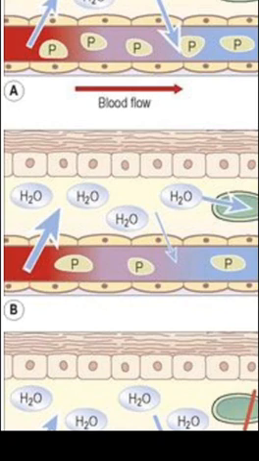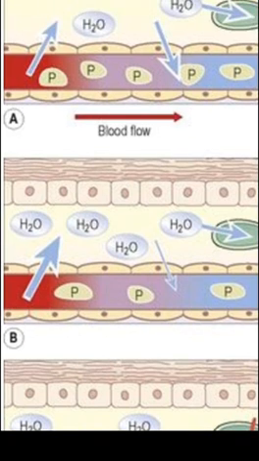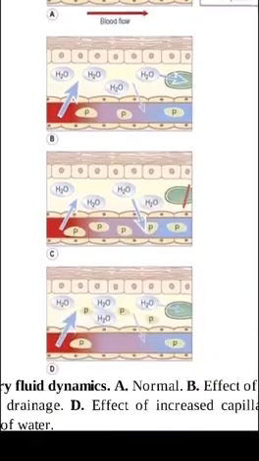So, if you can recall your previous knowledge, proteins or the solutes attract solvent. If there is a reduced amount of solute, it will attract less solvent. So what happens in case of decreased plasma proteins in the blood vessel is that a reduced amount of water will come back into the blood vessel and more water will accumulate in the tissue space, leading to edema.